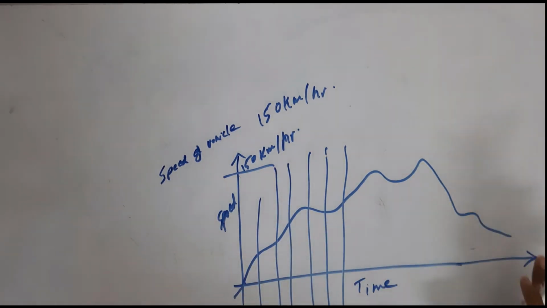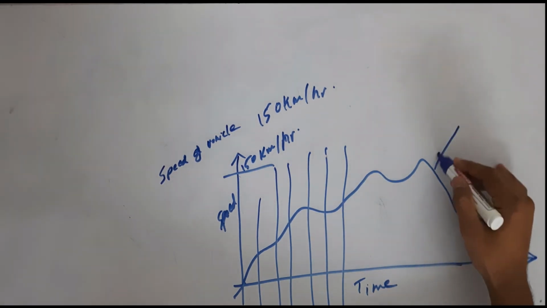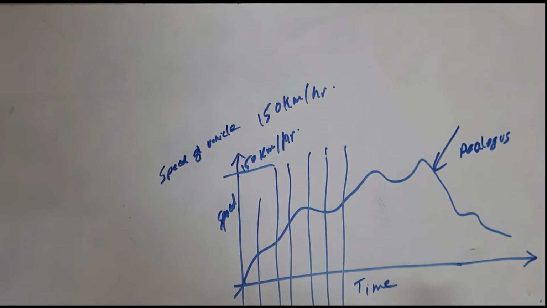The graph will come out something like this, meaning the vehicle can take any value at any instance of time depending on the driver or the situation or the road conditions or whatever it is. But the point is, this type of signal is analog in nature, meaning it can take any value between the defined limits at any instance of time.